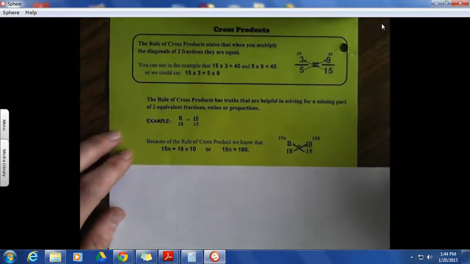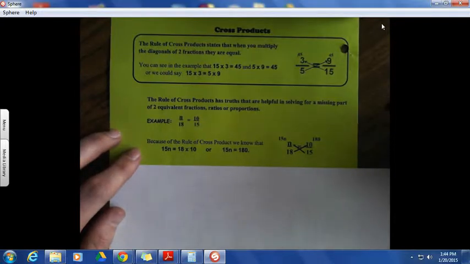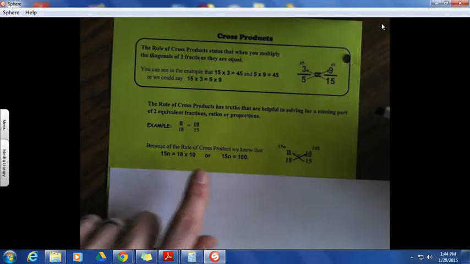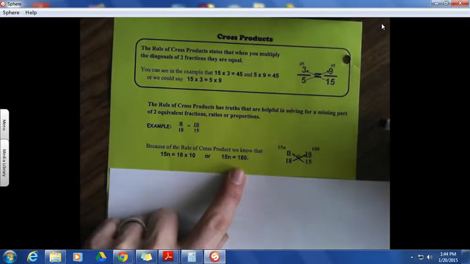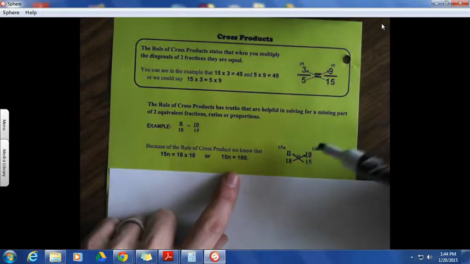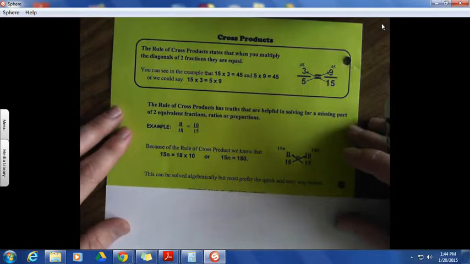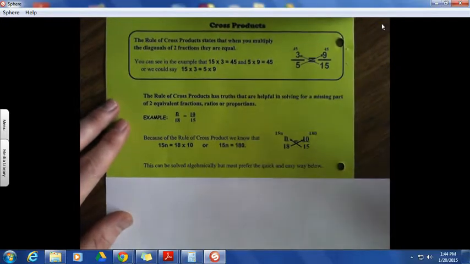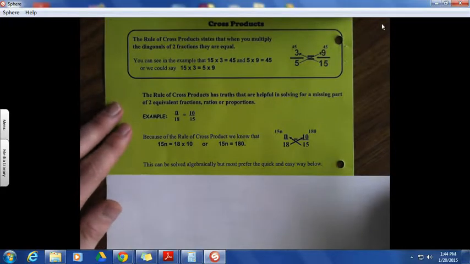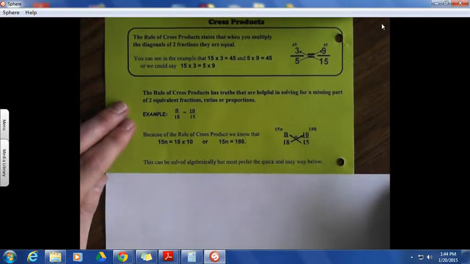Because of the rule of cross products, we know that 15n equals 18 times 10, or 15n equals 180. We multiplied n times 15 and got 15n. 18 times 10 equals 180. This can be solved algebraically, but most prefer the quick and easy way below. I think this is going to be easier for you than doing algebra.